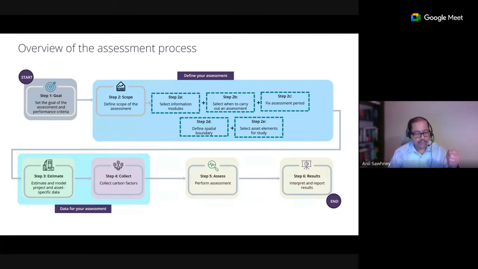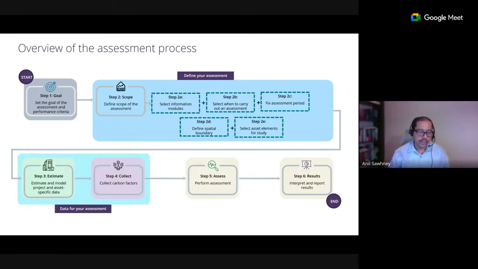So if you have 1,000 cubic meters of concrete in your project, you need to collect from reliable sources, which are regional or local, how much GWP emissions 1 cubic meter of concrete has. So you need to be able to get that data. Those are called carbon factors. Multiply the two, and you have your emissions.